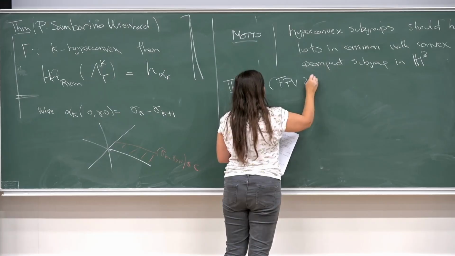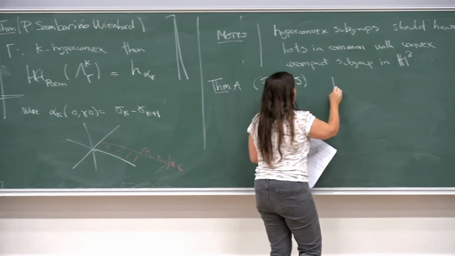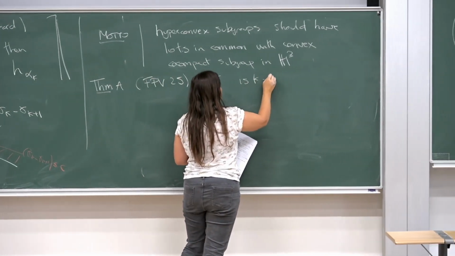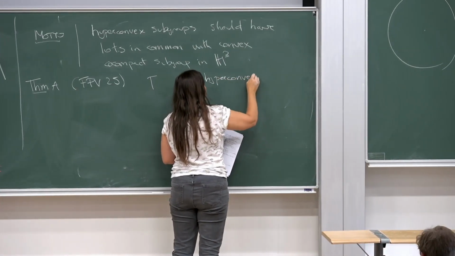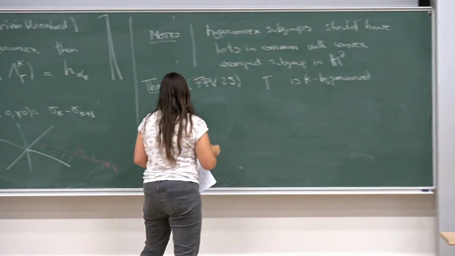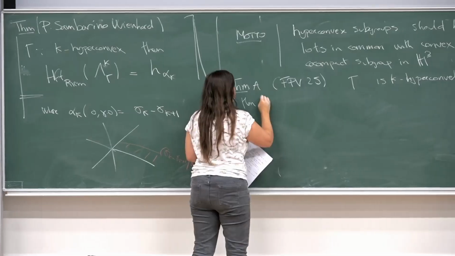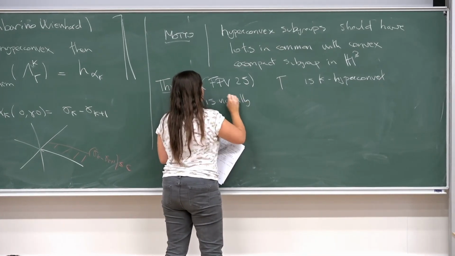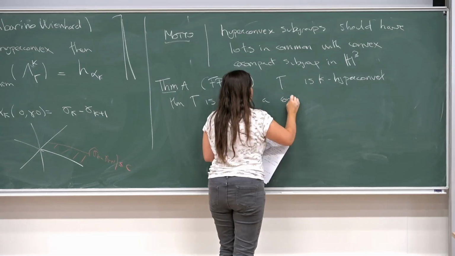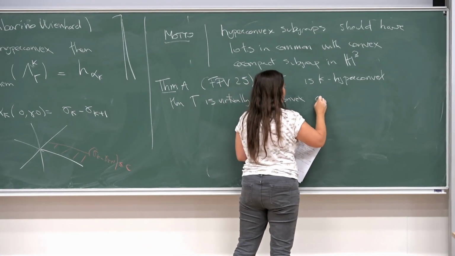Published this year, is that if gamma is k-hyperconvex, then gamma is virtually a convex co-compact subgroup.